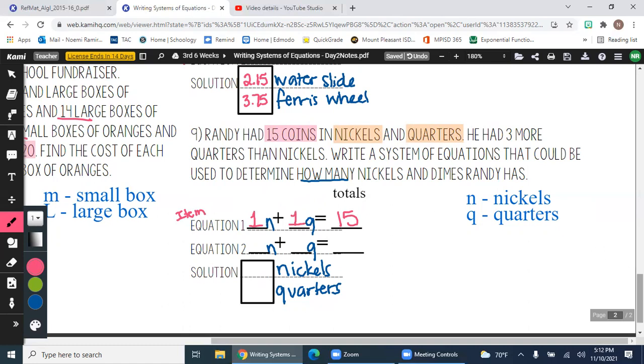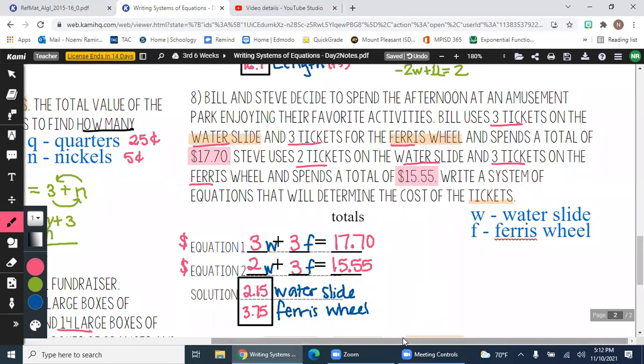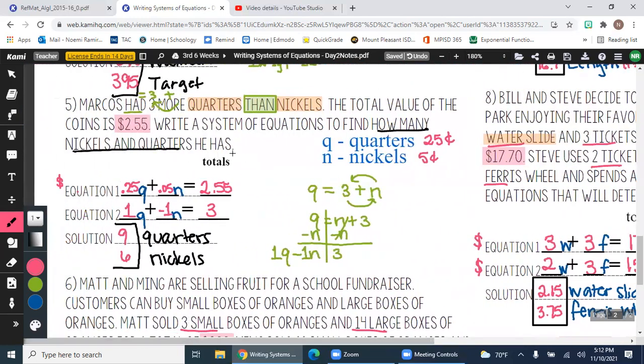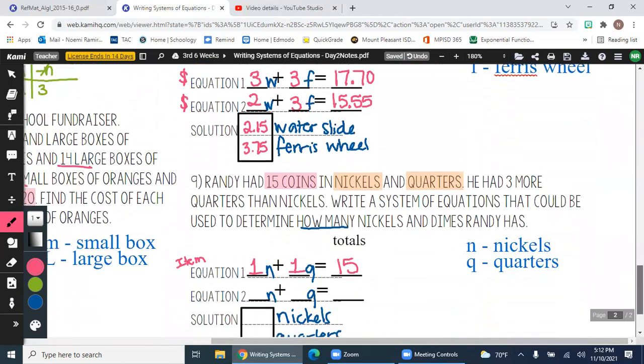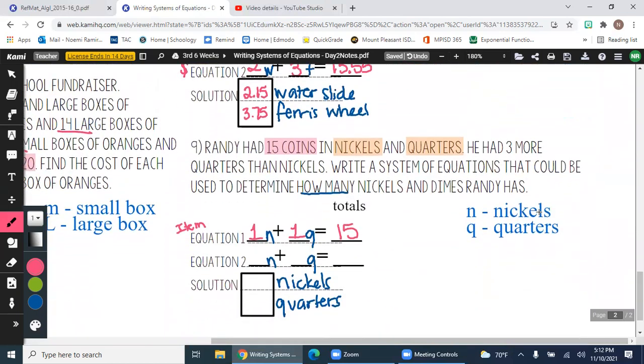Most of the time when we have quarters and nickels or a type of example that has coins, they will have a total with money. This one does have a dollar sign, so I know I can attach the price. This last example doesn't, so you do not put 5 cents for nickels, 25 cents for quarters. But we are going to translate that last one.